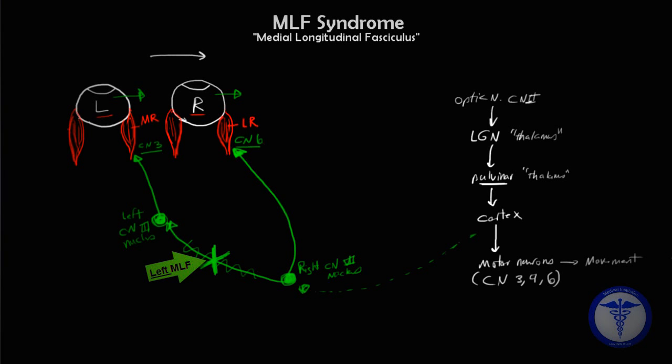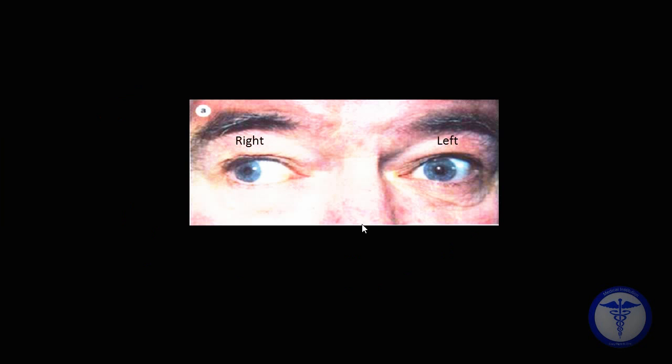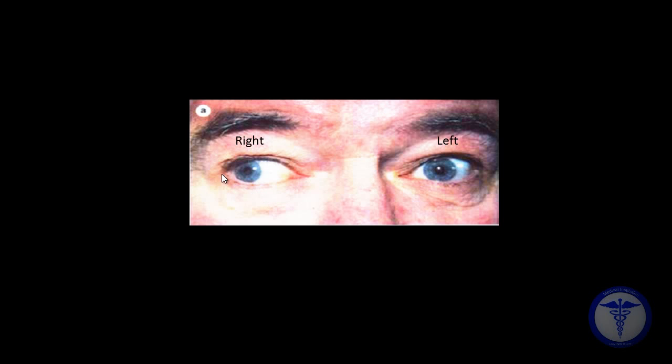So the patient's eye is going to look something like this. As you can see, the patient's right eye is looking to the right, but the left eye does not follow. The right eye is the unaffected eye, and the left eye is the affected eye. Okay, so the affected eye remains in the center and does not move.